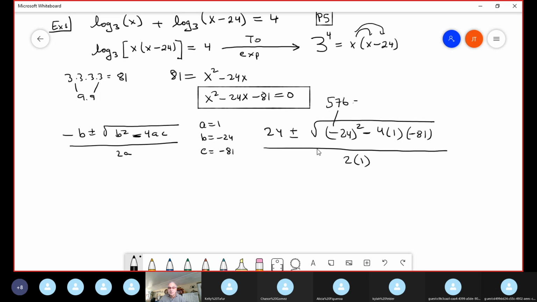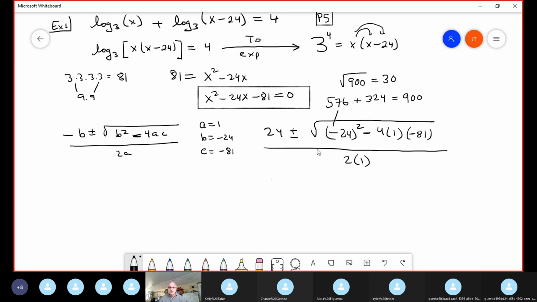Double negative becomes positive. So it's 81 times 4, which is 324. And you add, in this case, plus. Ooh, it's 900. And the square root of 900 is 30.